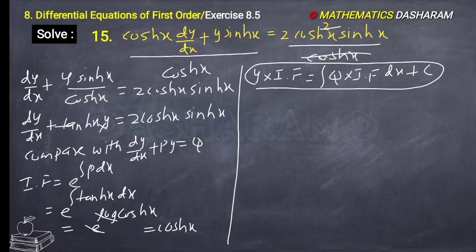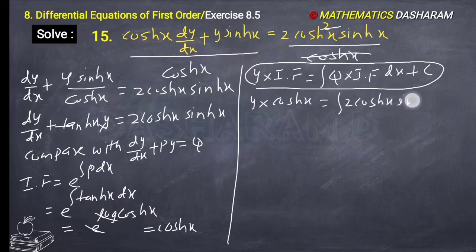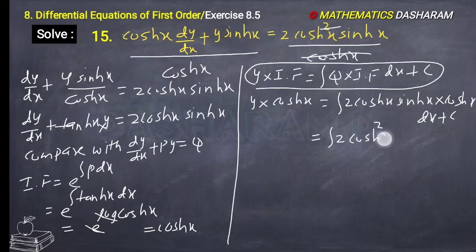So y into integrating factor is y into cos hx, and the q value is 2 cos hx into sin hx, and here the integrating factor is cos hx dx plus c. So it equals 2 into cos h square x into sin hx dx plus c.